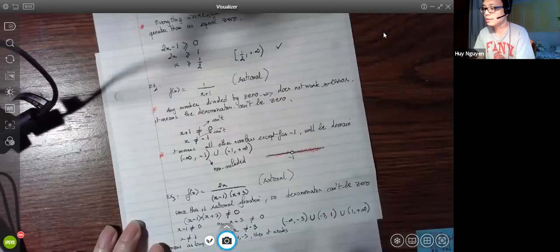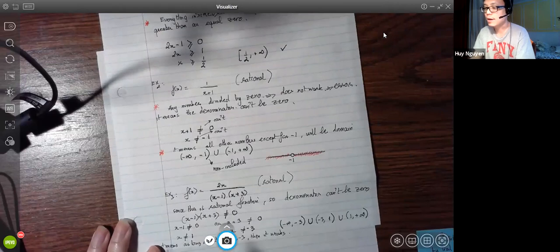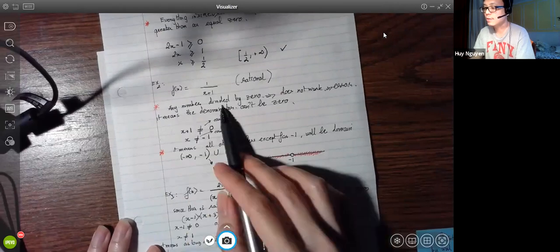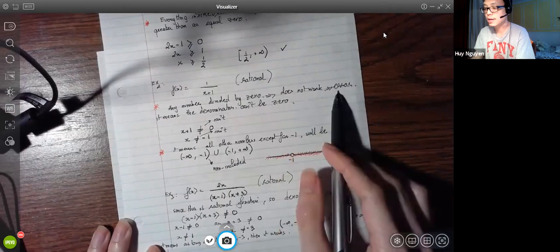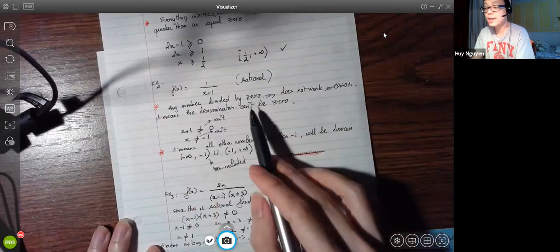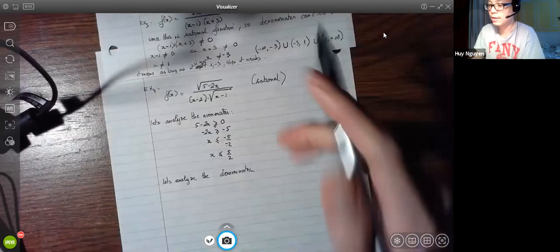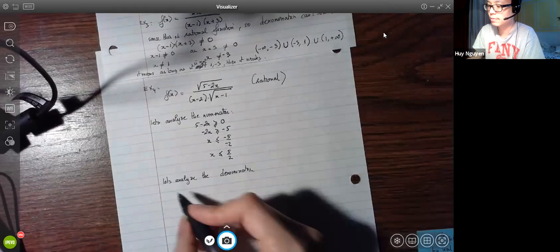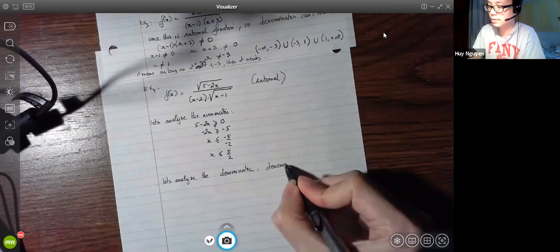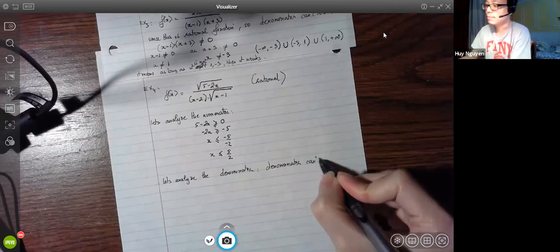Example 2 has a denominator, and example 3 also has a denominator. And I said what? Any number divided by 0 does not work. It means that the denominator can't be 0.